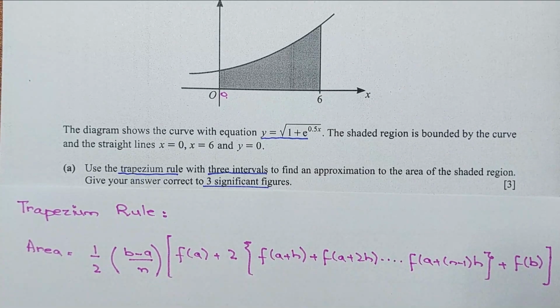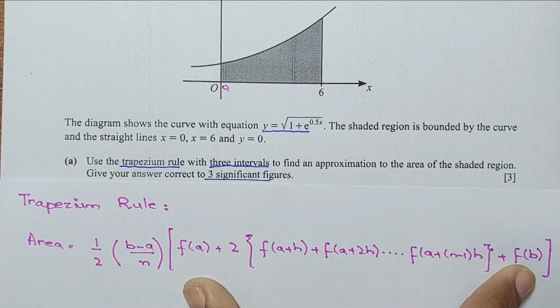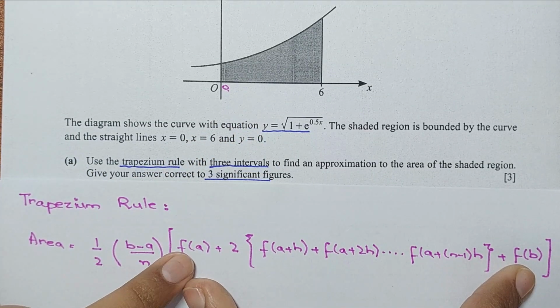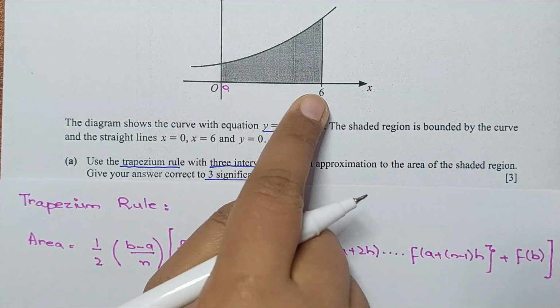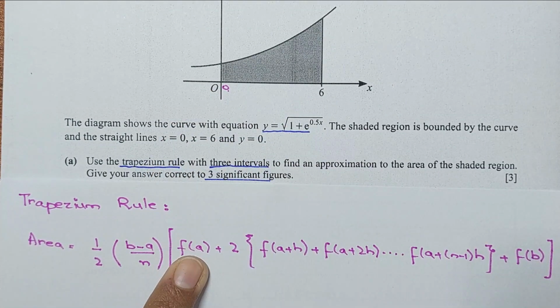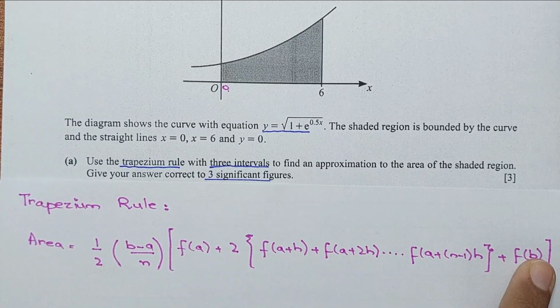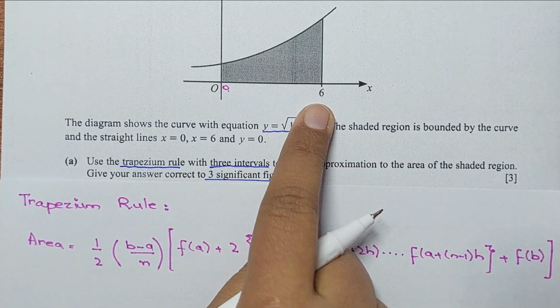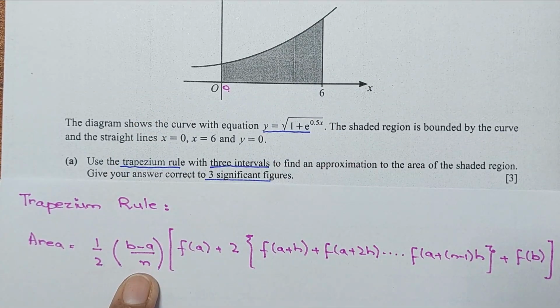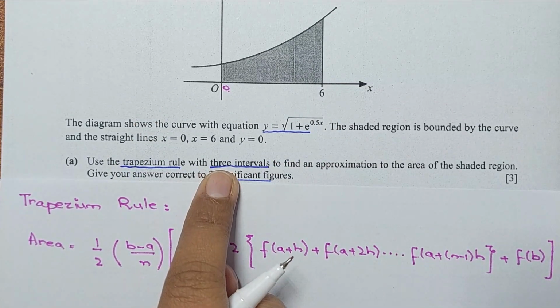Okay, f of a, f of b. f of x is basically the function which we have been given, y equals f of x, right? a and b are the limits. What are the limits? Limits are from 0 to 6, right? So a value is 0, b value is 6. f of 0 we need to solve, f of 6 we have to solve. Now b and a we have explained, and what is n? n is basically the number of intervals.